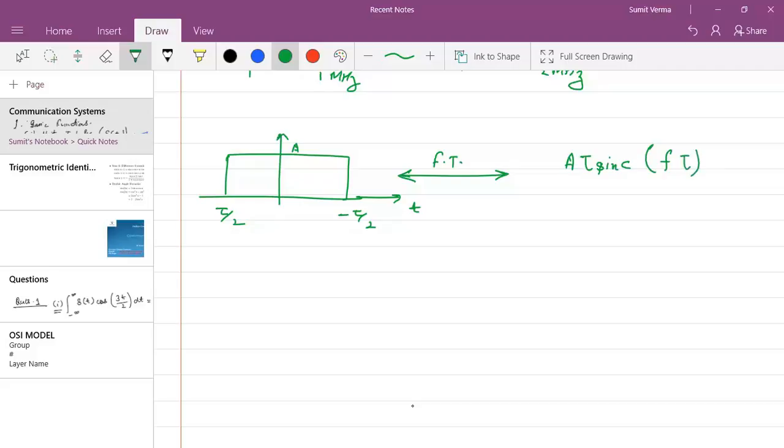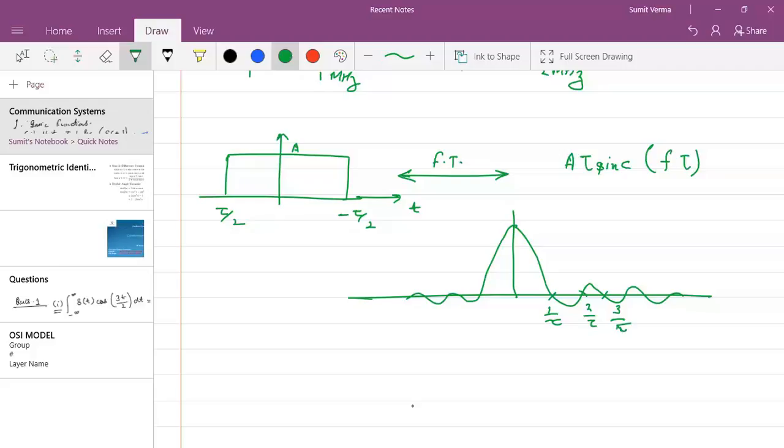If I draw this signal in the frequency domain, this is a sinc function, and the null values are at 1 by tau, 2 by tau, like this. This signal goes up to infinity and minus infinity.